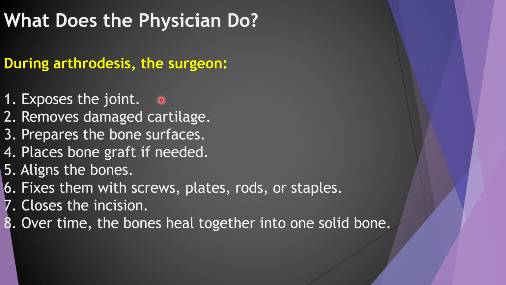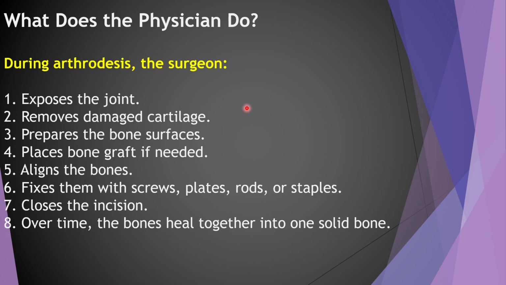Coming to the next. So what will the physician do in arthrodesis procedures or surgery? When conservative treatment fails, that is medication and exercise, as we previously discussed, the physician will do the arthrodesis surgery.